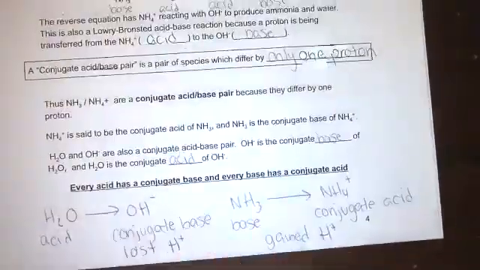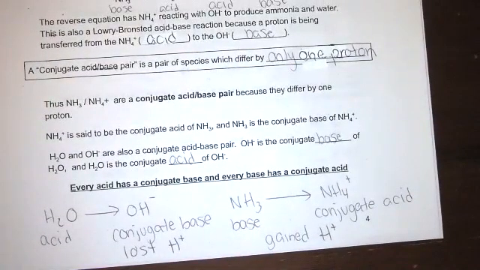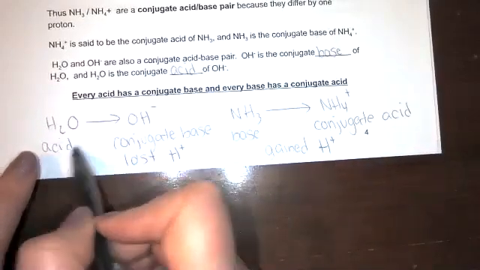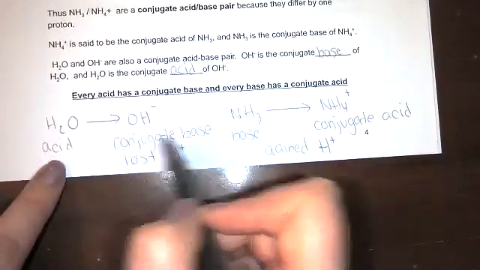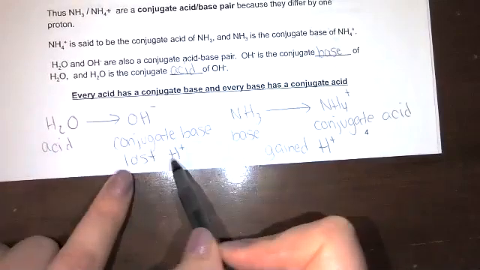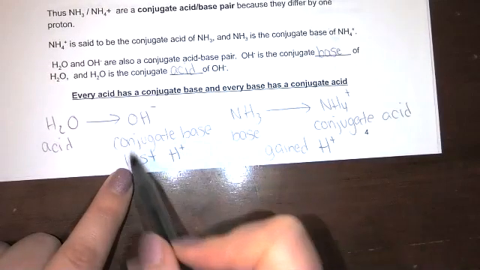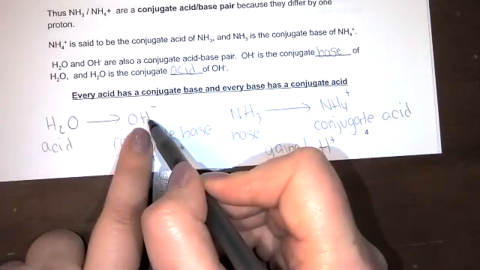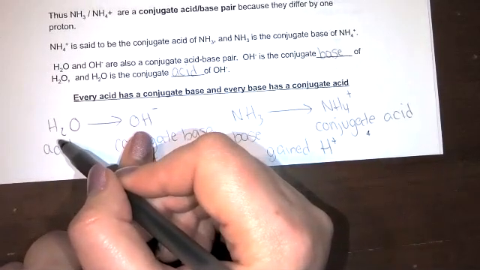Remember, our acid is one that donates. So if we have a base and we're looking for the conjugate acid, we're looking for an acid that is going to be able to donate a proton. When working backwards, notice when I'm looking at an acid and trying to find the conjugate base, I have lost a proton, because this base will now be looking to accept one.